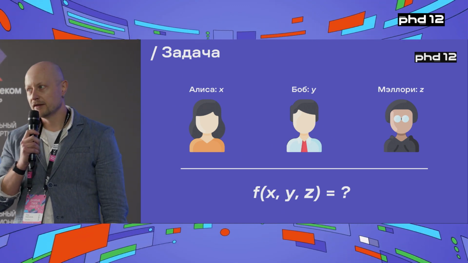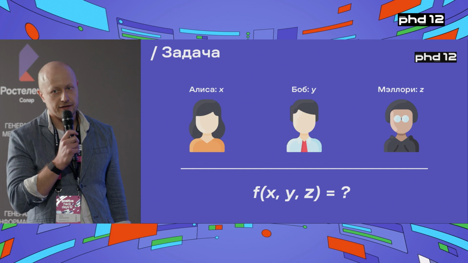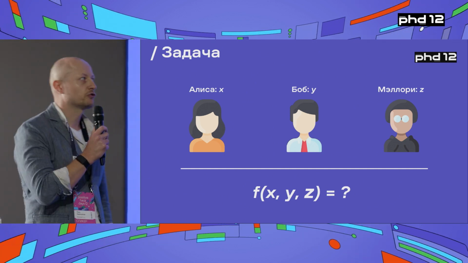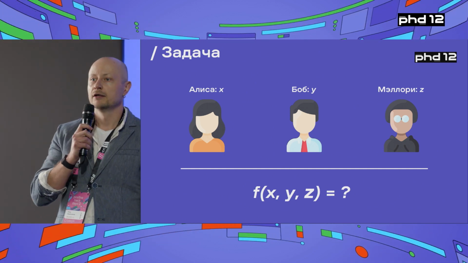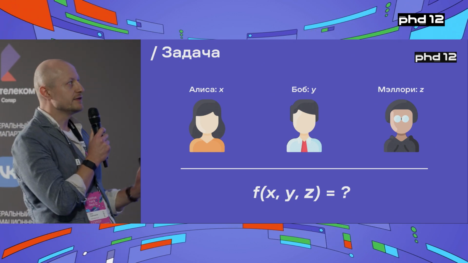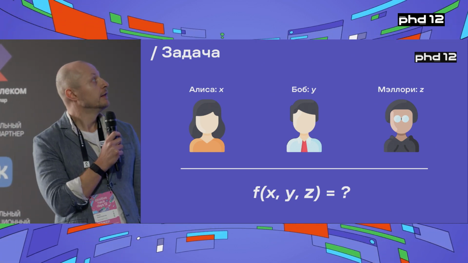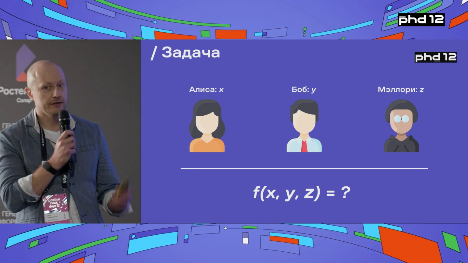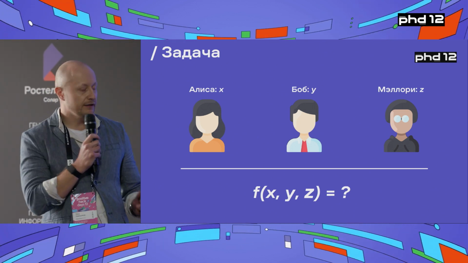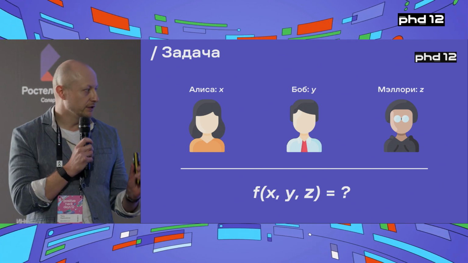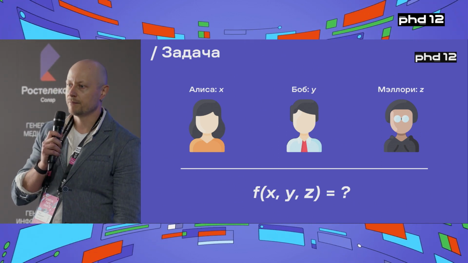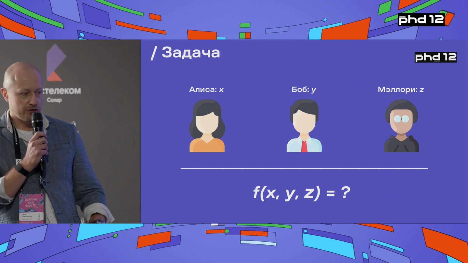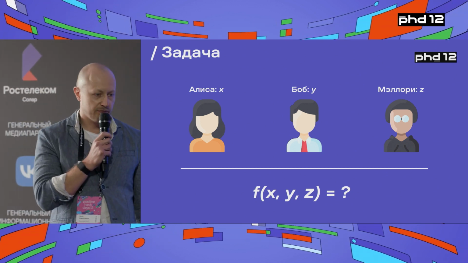Alice has X, Bob has number Y, Mallory has Z. And we need to calculate the function of X, Y, and Z, but without Alice getting any information about Y and Z, Bob about X and Z, and Mallory about X and Y. A function F is the only thing that will be available to the participant of the calculation.